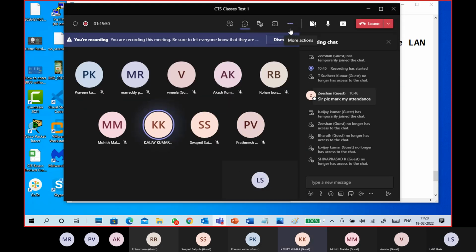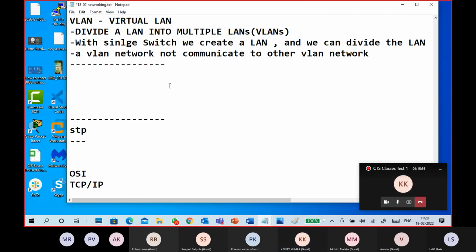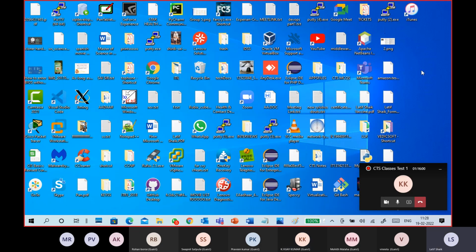Sir, how can the admin connect with VLAN 1, VLAN 2? Which device? Yeah, that is a good question. Actually, we want to manage the VLANs. There are two ways.